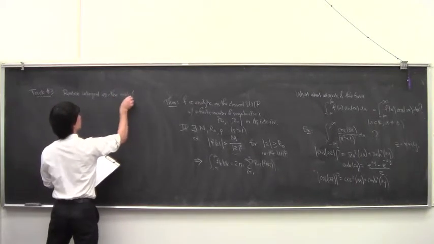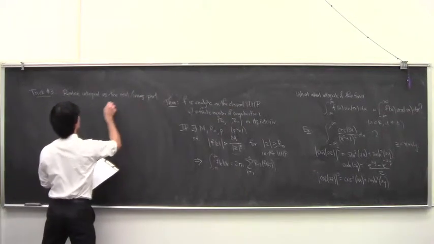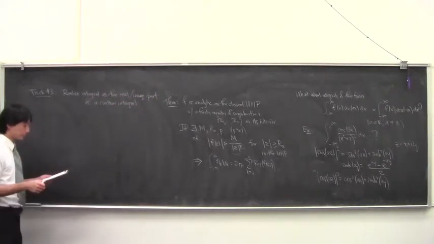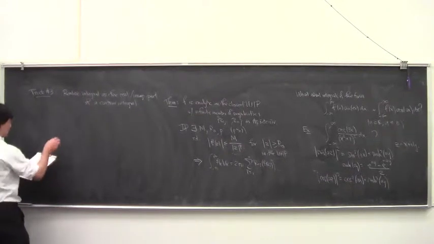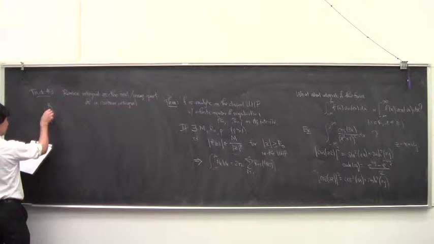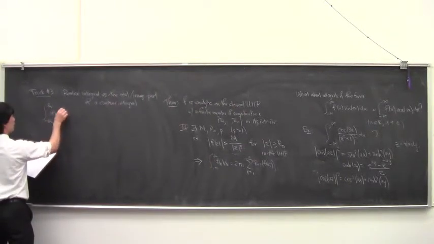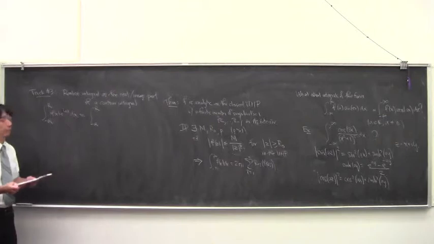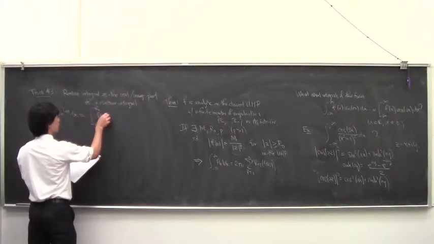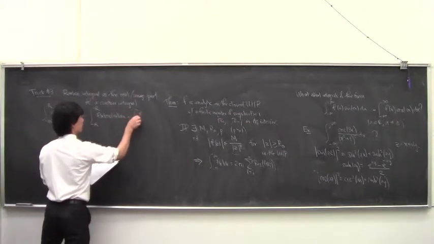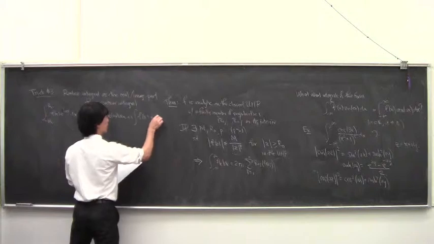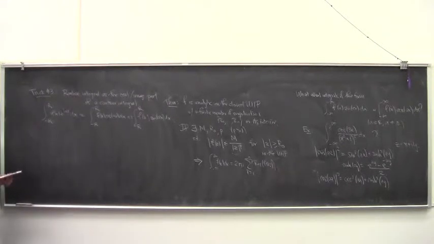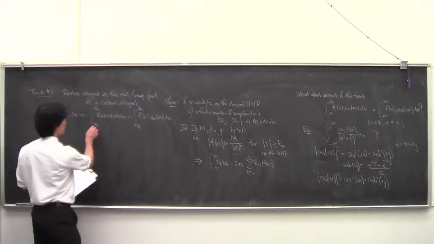The integral from negative r to r of f of x e to the i a x dx has a real part and an imaginary part: f of x cosine a x dx plus i f of x sine a x dx.